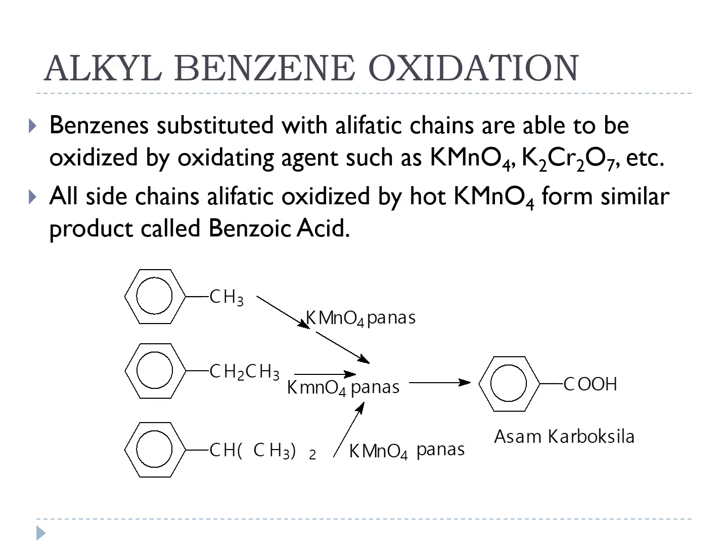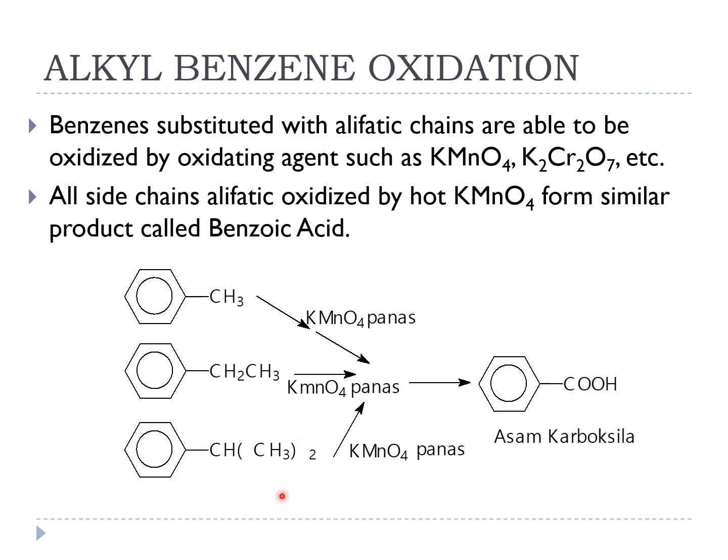Okay, the next reaction is oxidation. Oxidation of alkyl benzene will produce carboxylic acid. So, oxidation of alkyl benzene is conducted by using hot potassium permanganate to form a carboxylic acid, what we call benzoic acid.